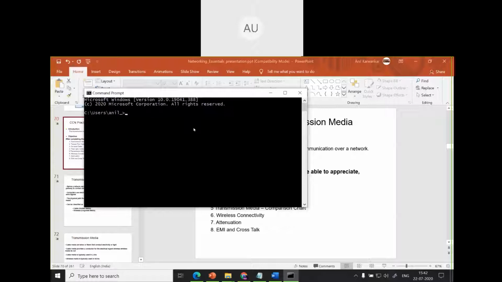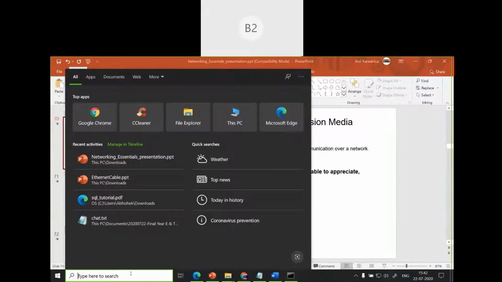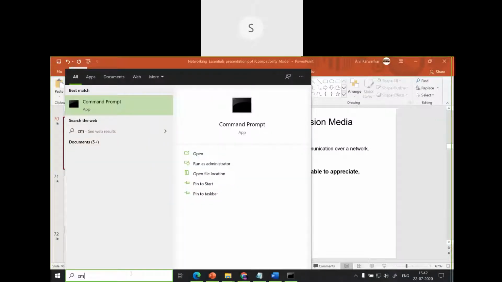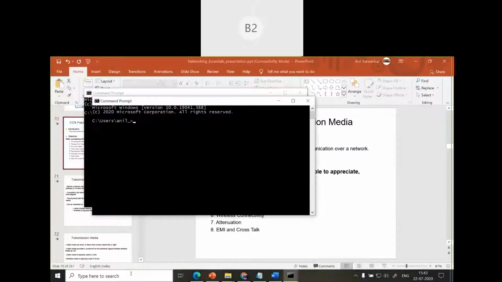I think those who are having the desktop or laptop, just give a command as CMD here in the search mode and you will get a command prompt.